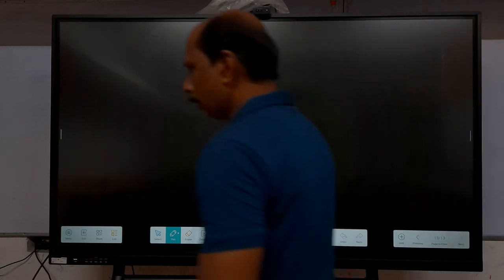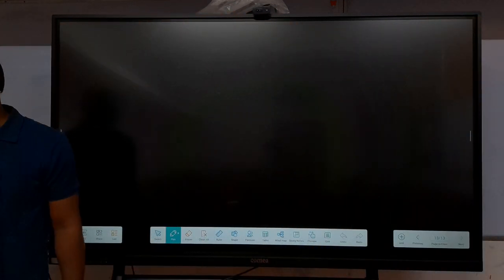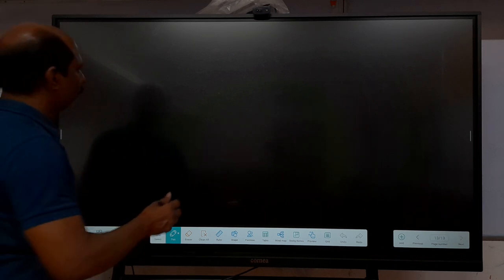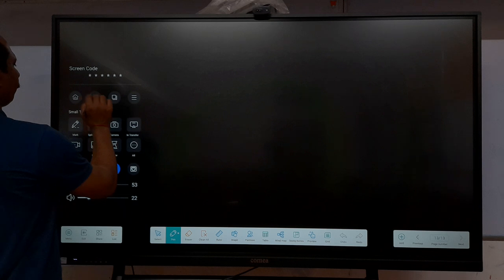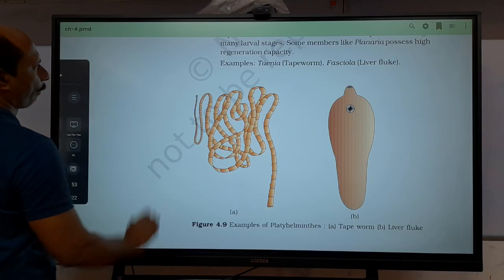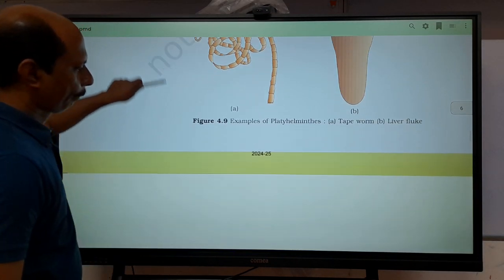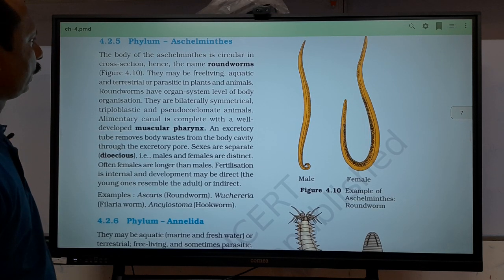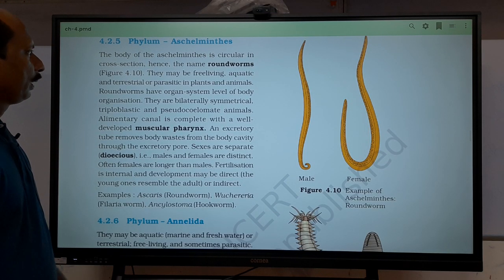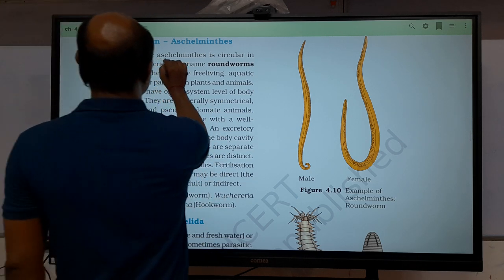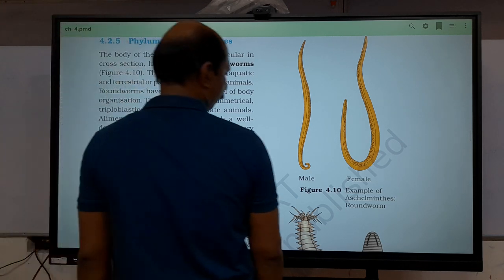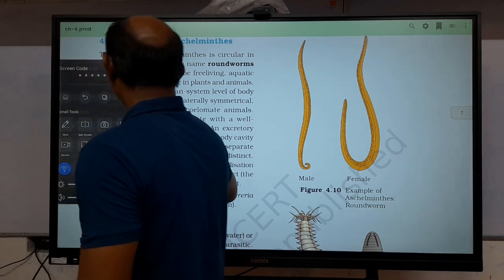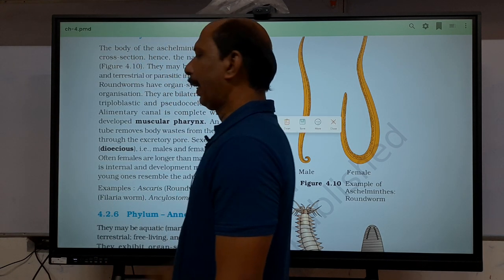Now another phylum, Aschelminthes. The body of Aschelminthes is circular in cross section.